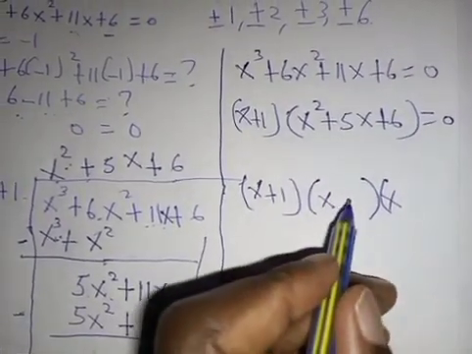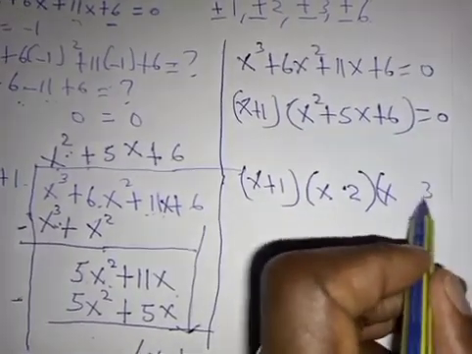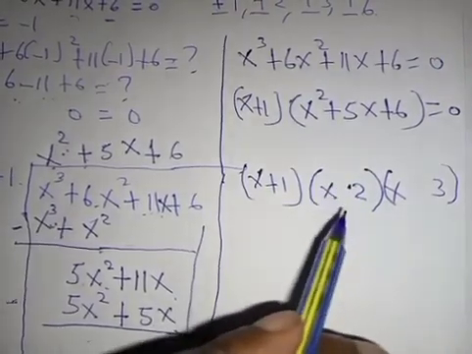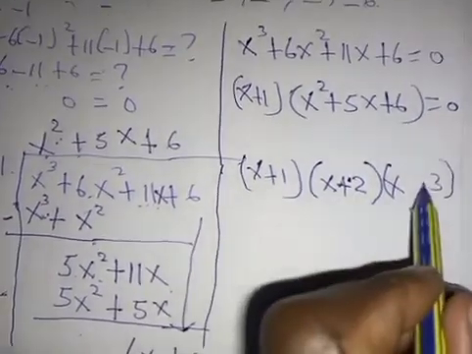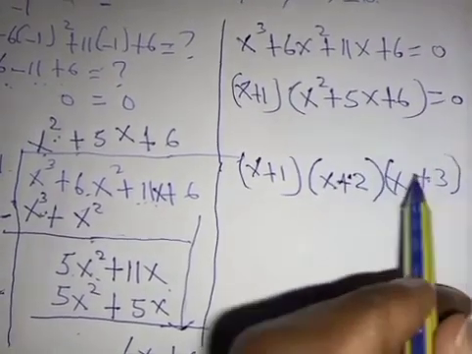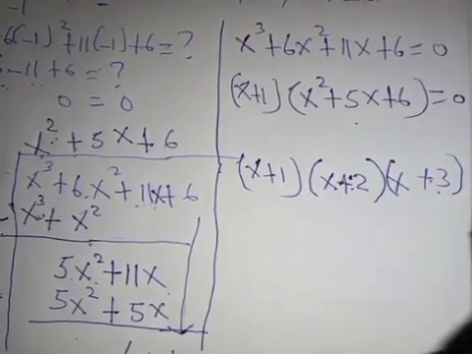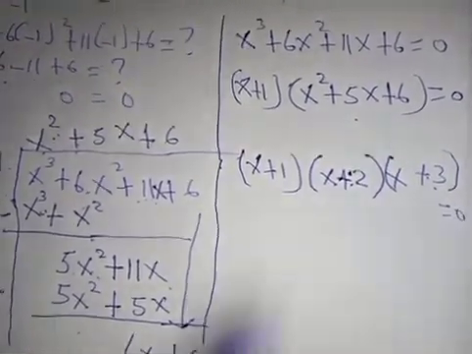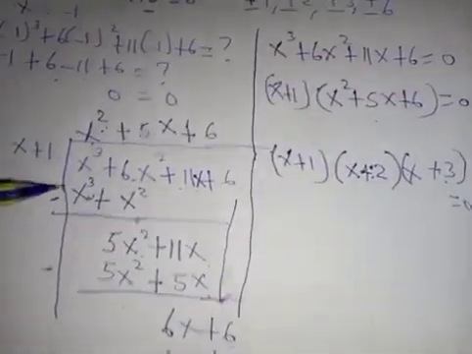So those numbers are 2 and 3. The sign will be positive because it is positive 2 and a positive 3, since 2 plus 3 is 5 and 2 times 3 is 6.